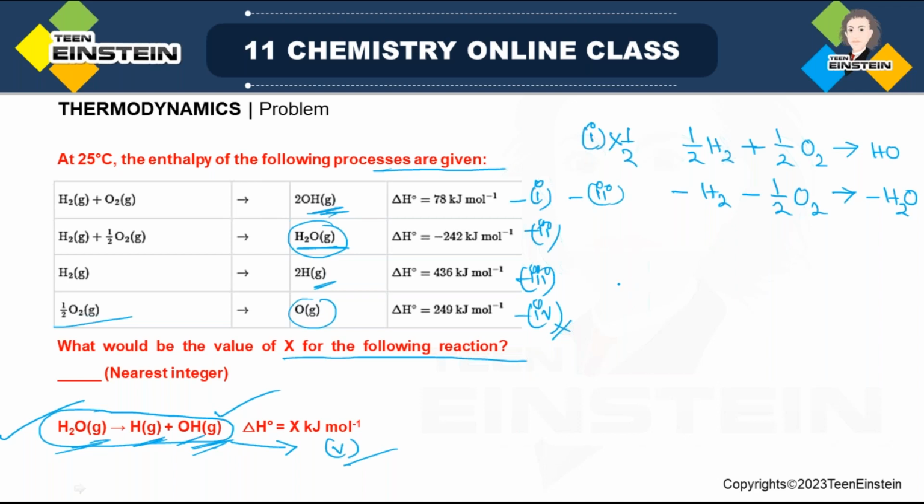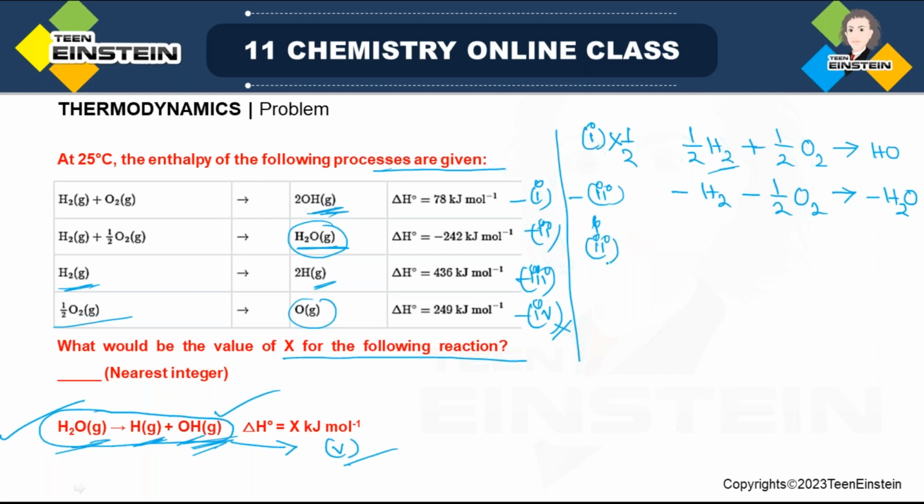And the third equation, H2 gaseous. Now this H2 gaseous we have to cancel, because in the final equation we do not have any H2 term. So that is why we will again multiply it by half.